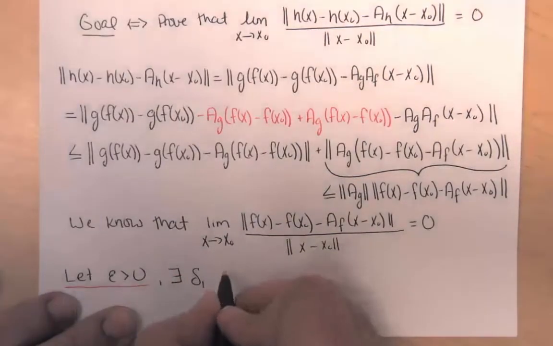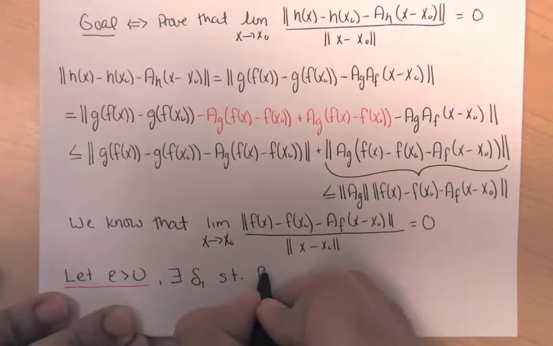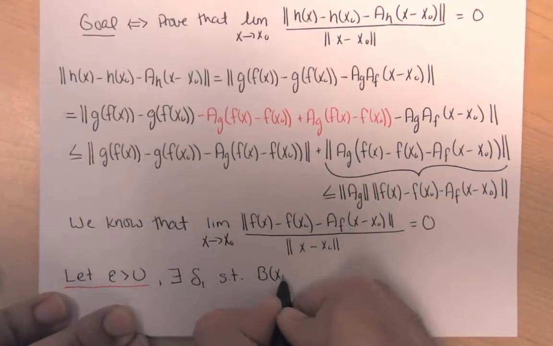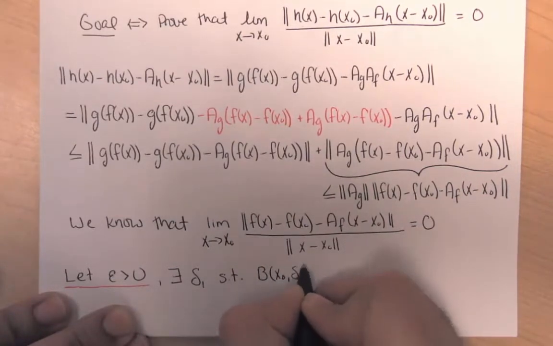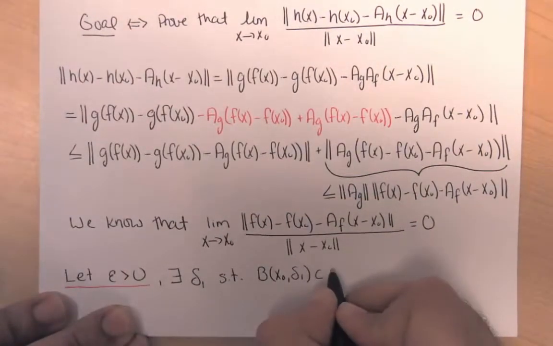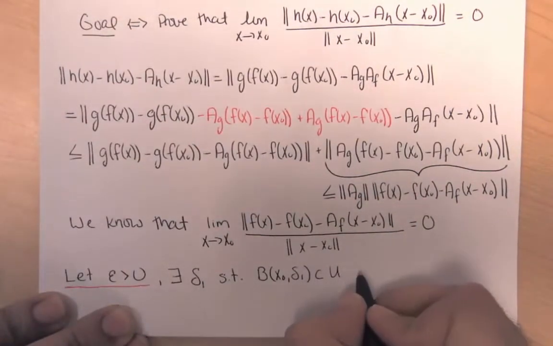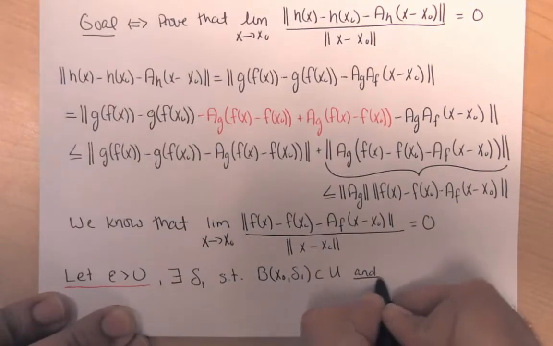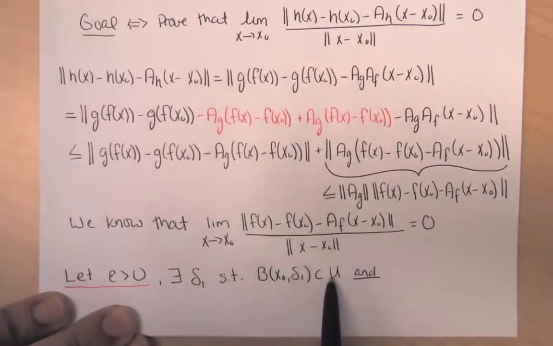There exists a delta 1 such that the ball centered at x naught with radius delta 1, remember this is an open ball as we've defined it, is contained in U. And, by the way, how do I know that I can find a ball around x naught that's contained in U? That's because U is open.